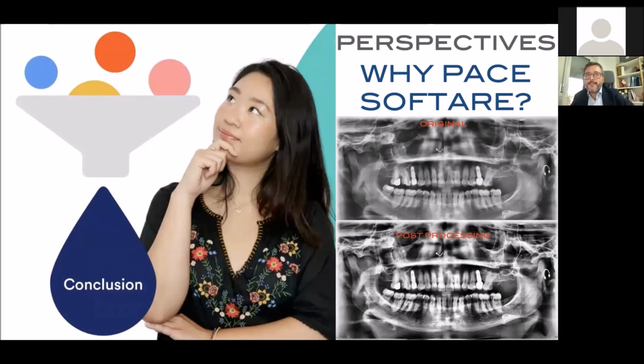The visual results obtained by the algorithm were clinically evaluated by expert dentists. In general, according to the evaluation, the PACE software was better at enhancing the visual quality of panoramic dental radiographs.